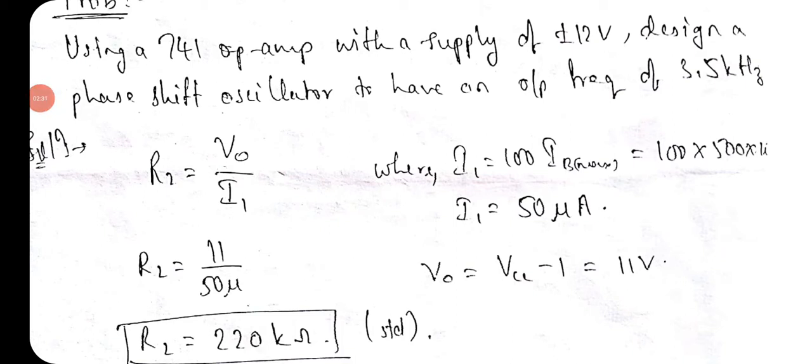Now, after imagining this sinusoidal waveform, just think that if the gain of the circuit were to be more than 29, what would your output have been? The output should cross your V naught side, isn't it?